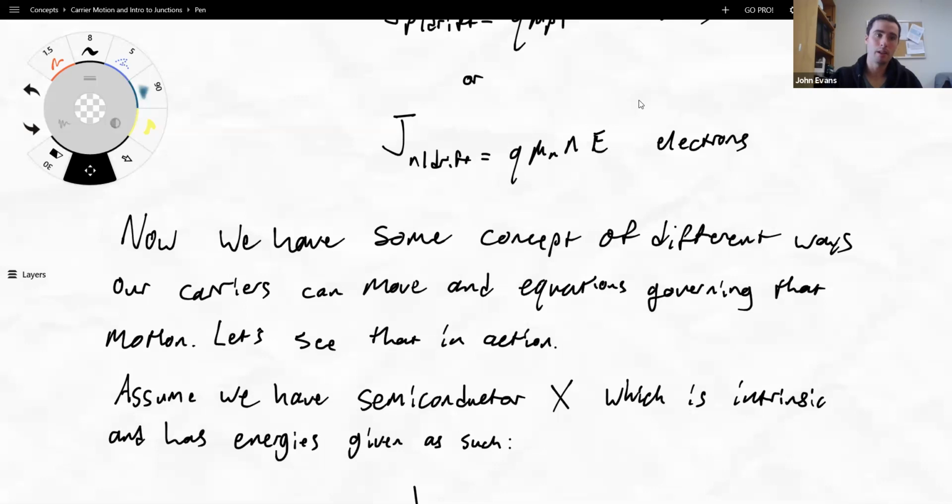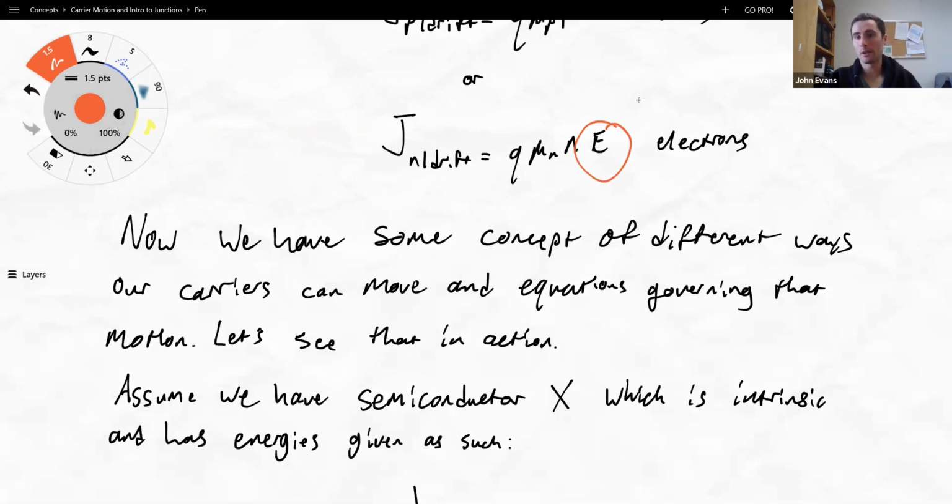And if we note here, if we increase the mobility, the drift current increases, but more notably, if we either increase the concentration of our carriers or if we increase the strength of our electric field, the drift current will increase, right?